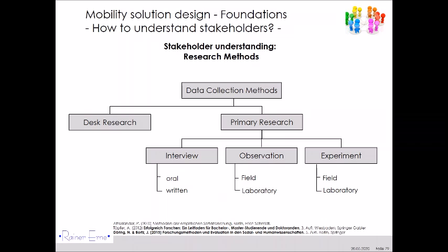What is a road less traveled are observations. Observations disclose other pieces of information you don't get by interviews. That means the real behavior of the people. Because what people say in interviews and what they do is very often very different.